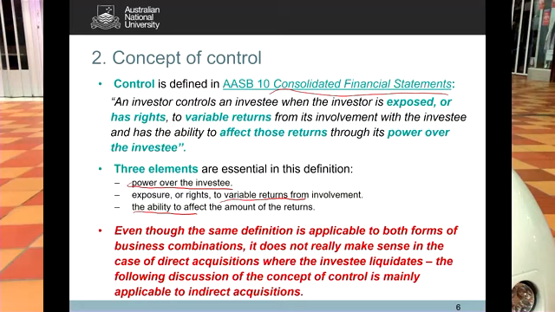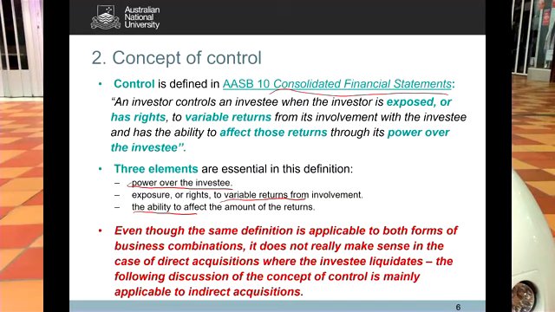Okay, so we discussed two types of combination, indirect and direct, right? Even though the same definition of control is applicable to both forms of business combination, it does not really make sense in the case of direct acquisition, because in direct acquisition, the investee will just liquidate.